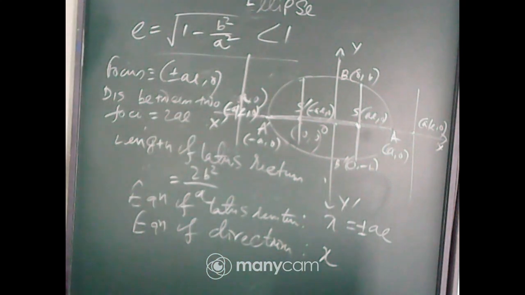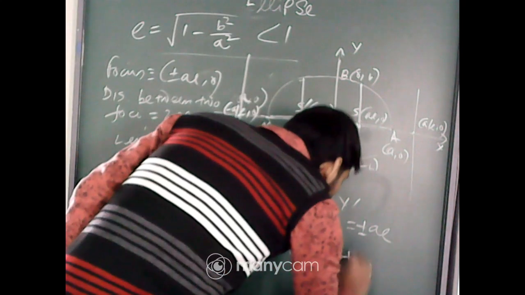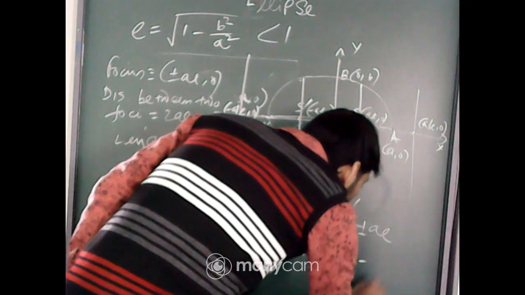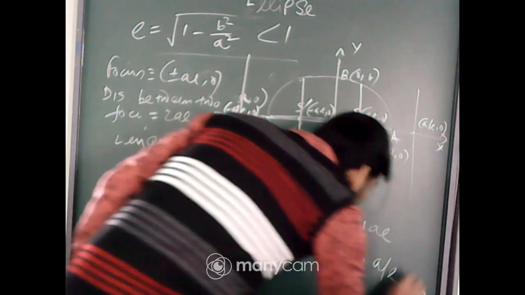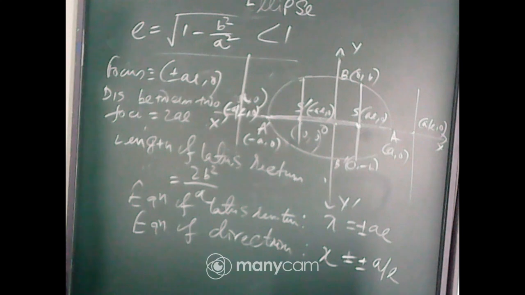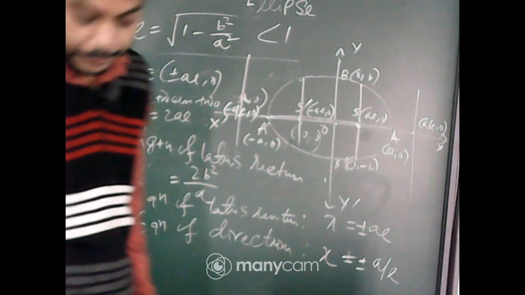So a by e comma 0, and in the left hand side minus a by e comma 0. So simultaneously x equals to plus minus a by e.